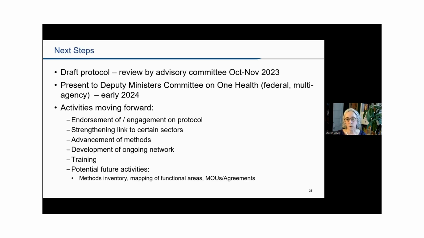We need to work on training, and then there's many different potential future activities. So for example, providing a methods inventory, doing a mapping of functional areas, or looking at some of the gaps related to MOUs or formal agreements.